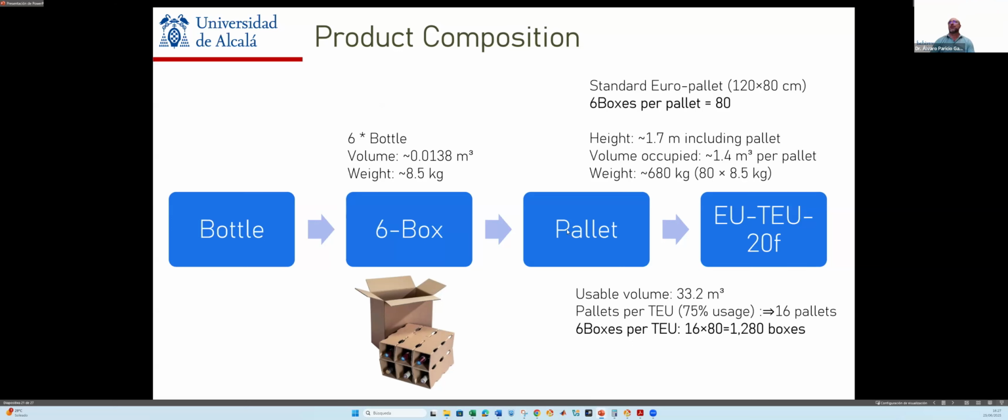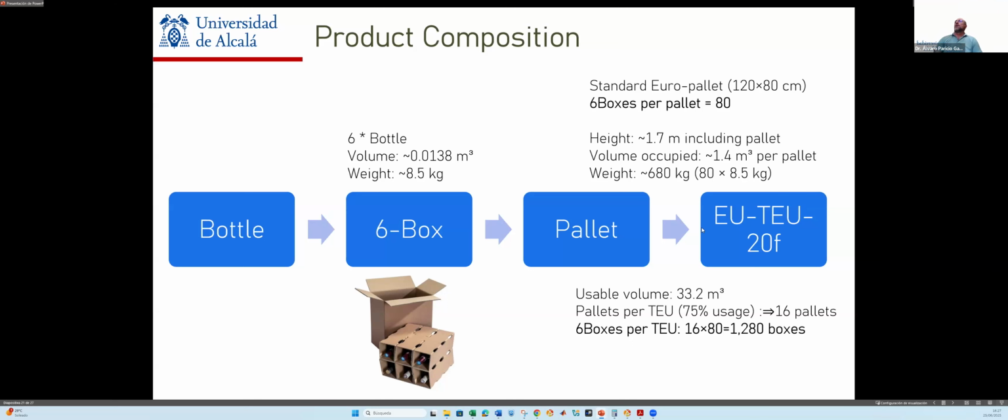The pallets are shipped in standardized containers. We are using European standard containers. They are called TEU, that are 20-feet containers. These are the standard ones that are moving in the trucks or in the railways.